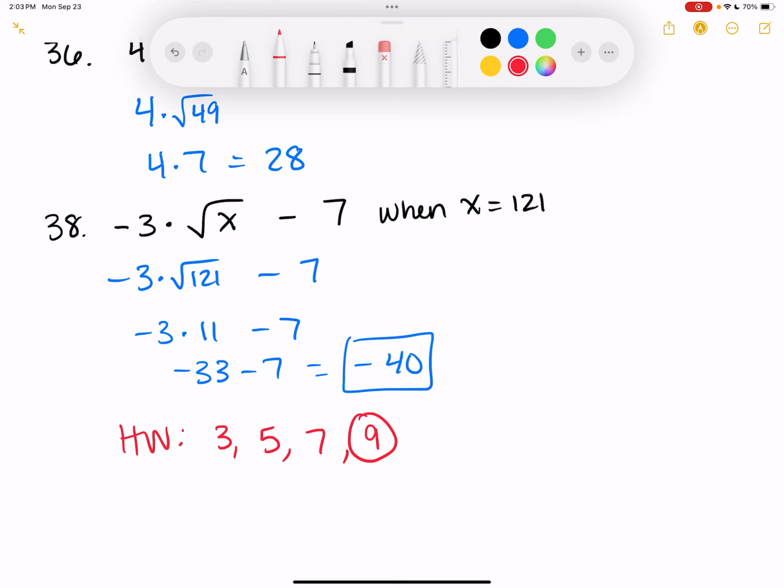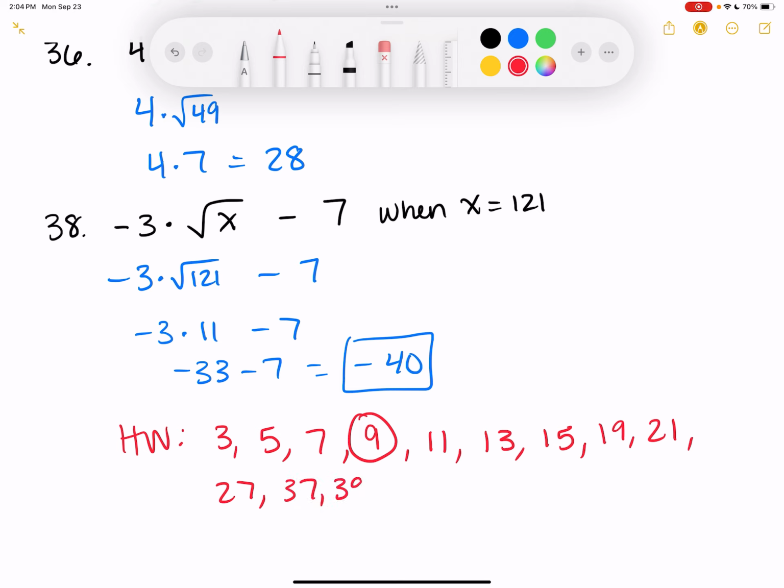I just want to see if you can figure it out. 11, 13, 15, 19, 21, 27, 37, and 39.